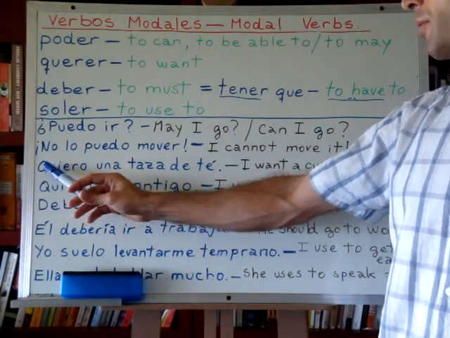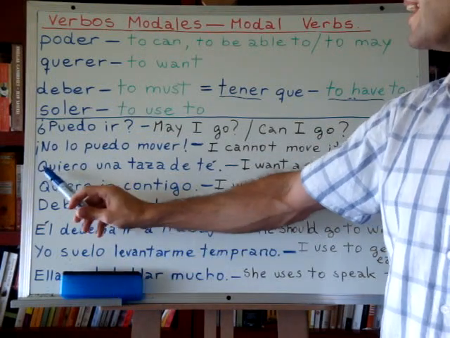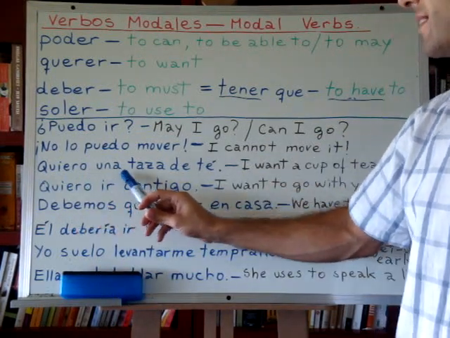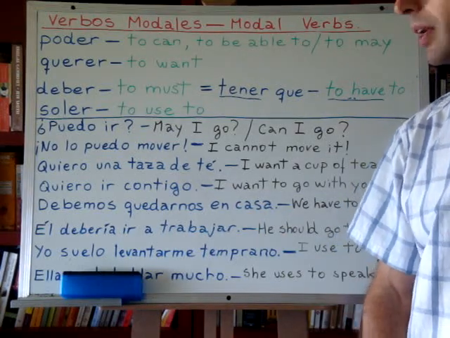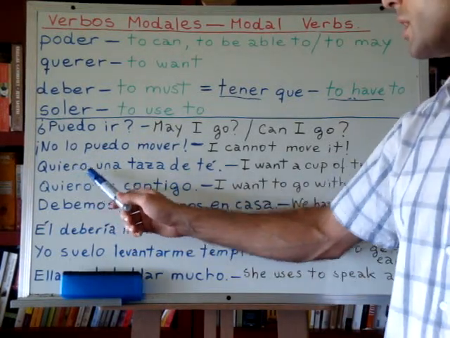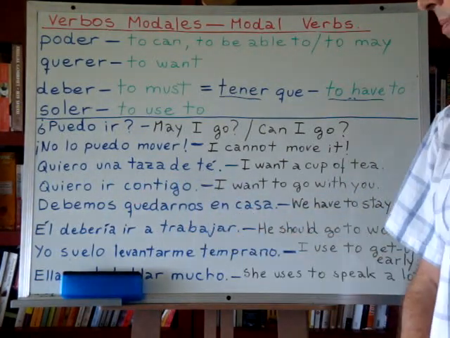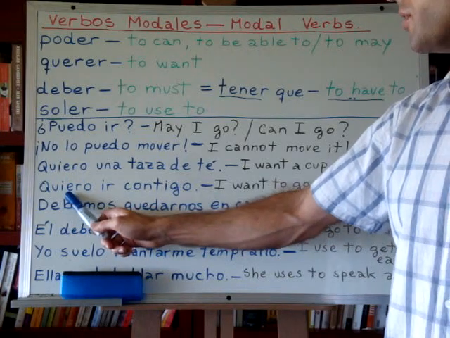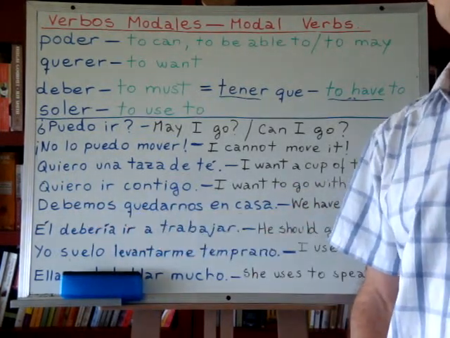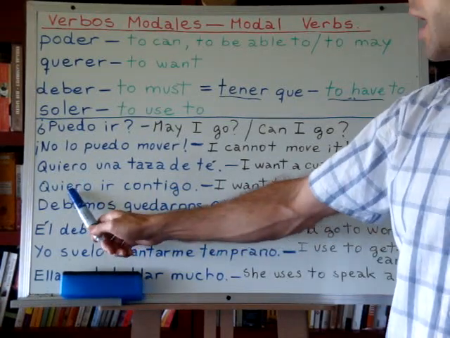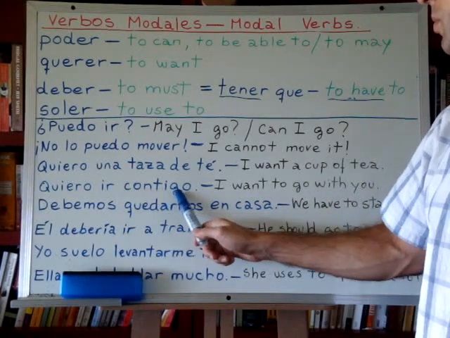Now, our third example using the verb querer, that means to want. Quiero una taza de té. Quiero una taza de té means I want a cup of tea. Quiero ir contigo. Quiero ir contigo. I want to go with you.